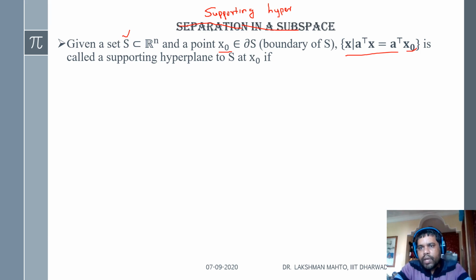So we have one set S and a boundary point. Then a hyperplane is defined by A transpose x equals A transpose x naught. In place of b here, we are taking a very specific number. Remember that it is not a general b. It is a very specific bias, A transpose x naught. So here the bias is defined in terms of the given boundary point x naught.